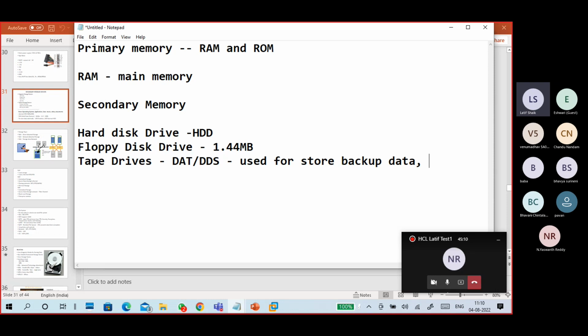Data won't last, so for safety you take a backup. In case of any damage, disk failure, floods, or other issues, data is lost or corrupted. Sometimes data is very important.